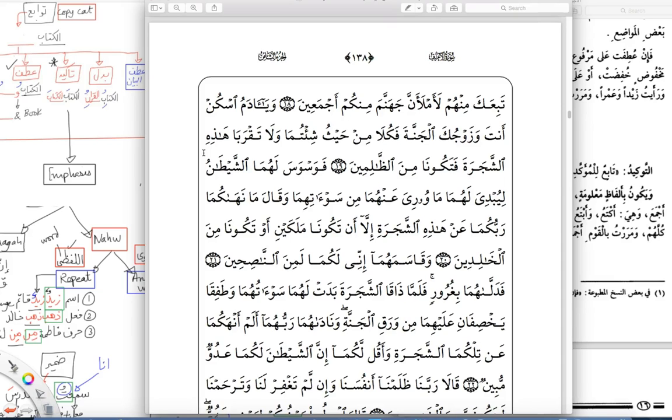If you ever get a damir after any of the others, you always treat that as ta'keed. So anta is ta'keed. Does that make sense? I hope so. So uskun anta wa zawjuka. So anta is ta'keed of the anta found inside. So this is ta'keed lafzi.